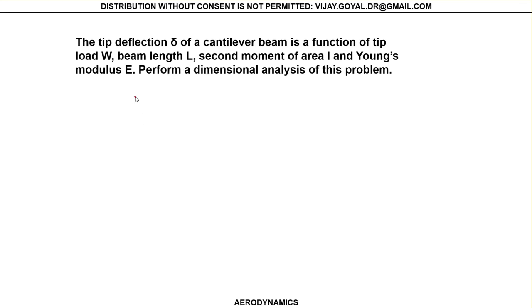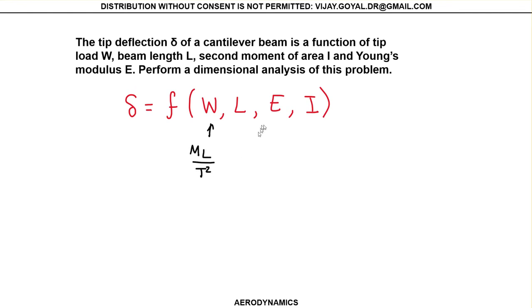One way we could do it is that we know that delta is a function of weight, a function of length, a function of Young's modulus, and a function of inertia. What we know in the problem is that W is mass times length over time squared.